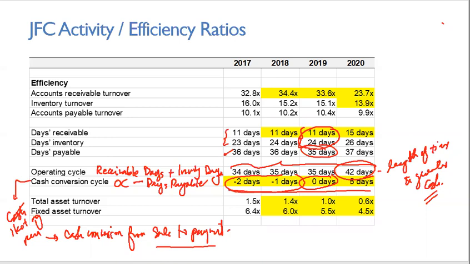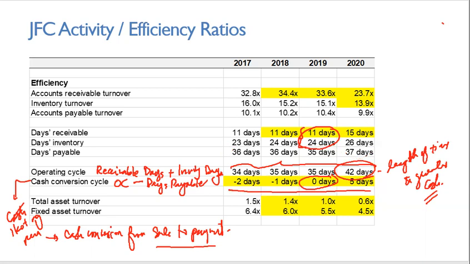Okay? So what happened in 2020? Okay? Mas mabagal na silang mangolekta ng maka-generate ng cash kaysa sa bayad. And so therefore, may 5 days ng cash conversion cycle. Okay? So that's the interpretation of that number.